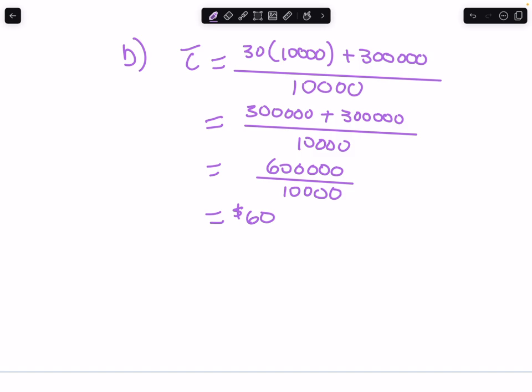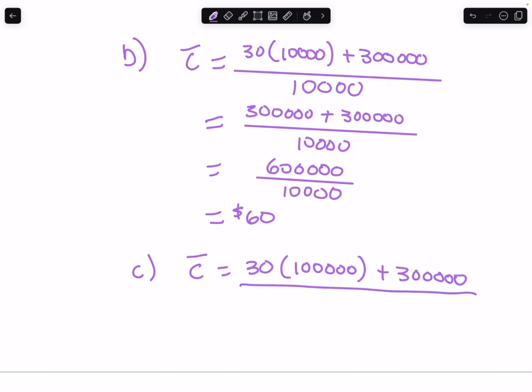Okay, what if they scale up their production to 100,000 pairs per week? Okay, well, that's part C. And so C bar would be equal to 30 times 100,000 plus 300,000 over 100,000. Well, 30 times 100,000 is 3 million. I'll use commas here so we can see it.